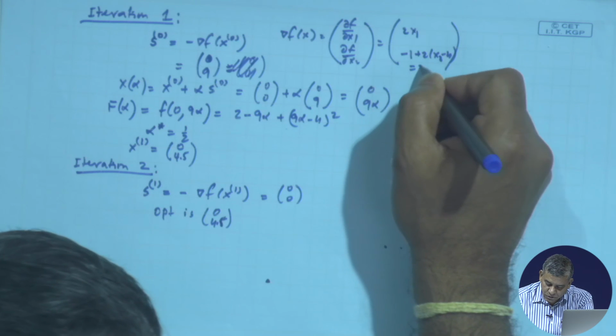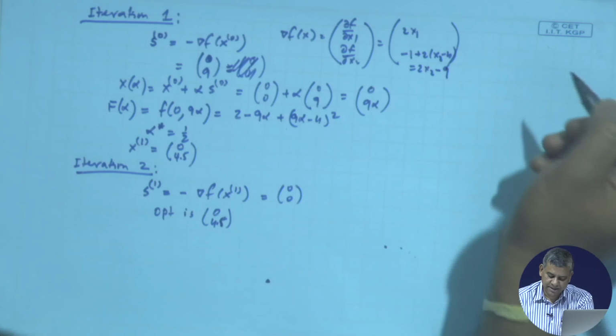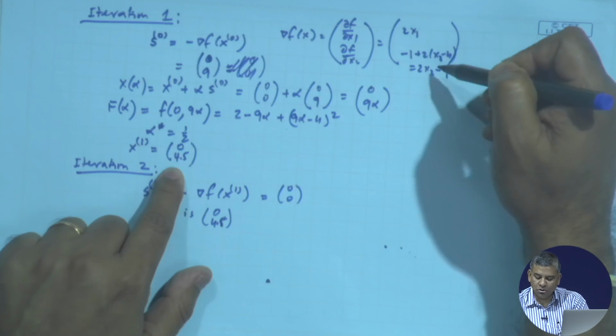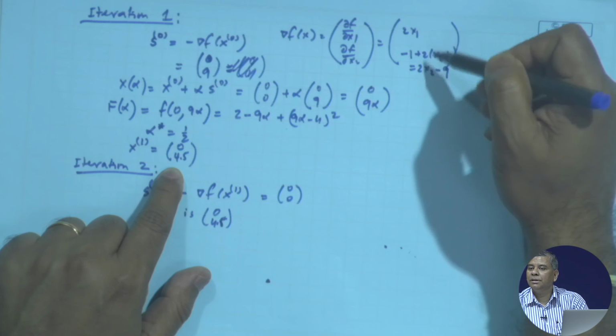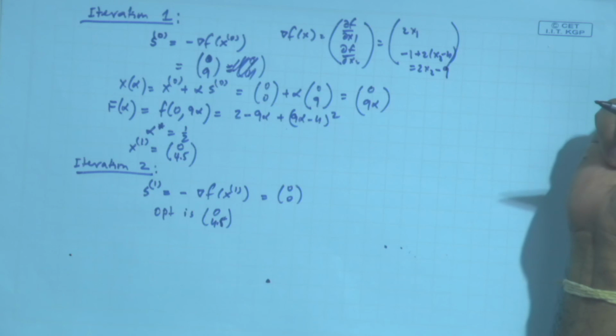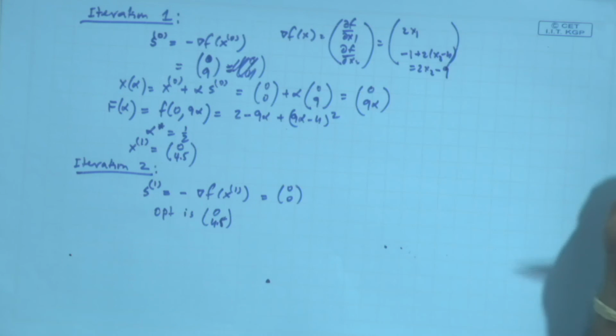So this will be 2 x2 minus 8 minus 9. Now you substitute x1 equal to 0 and x2 equal to 4.5 in this. What do you get? Because at this point you have to compute the gradient. It will become 0 and 0.